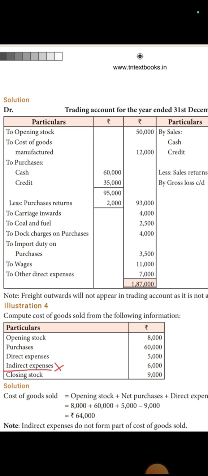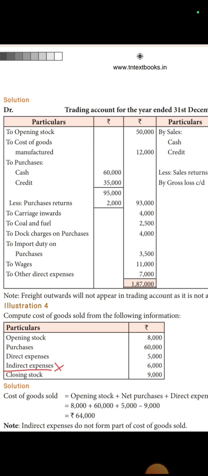Then we have to add all the expenses related to the purchase of goods, which means opening stock, net purchases, direct expenses and cost of goods manufactured. It is to be entered on the debit side of the trading account, so we add all the debit side items of the trading account.